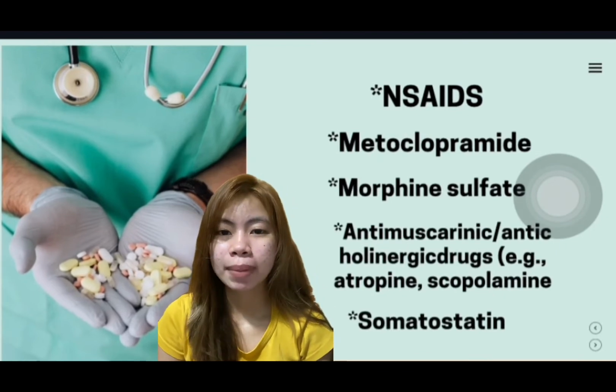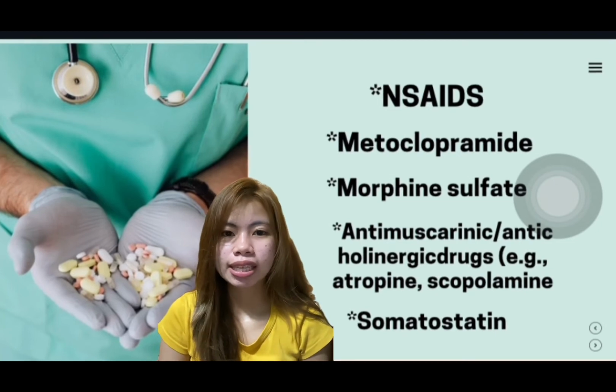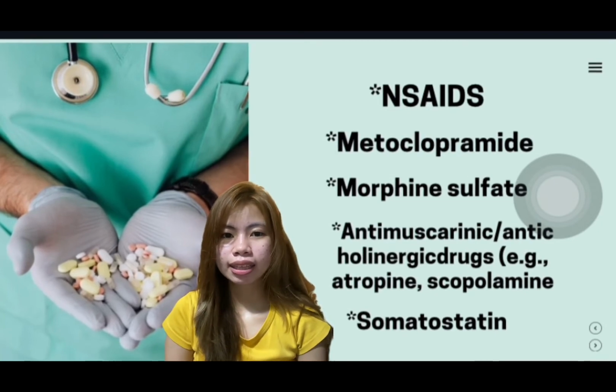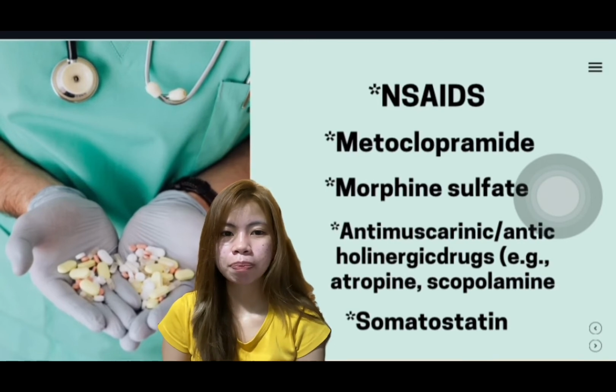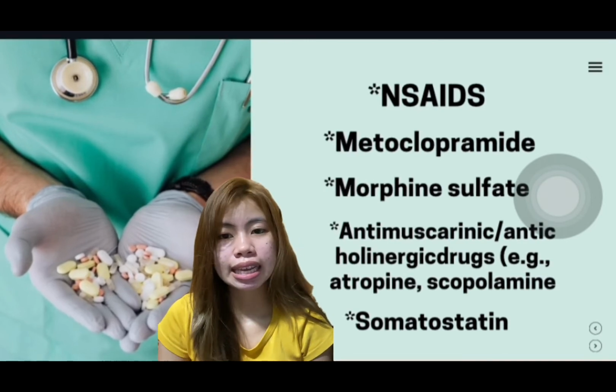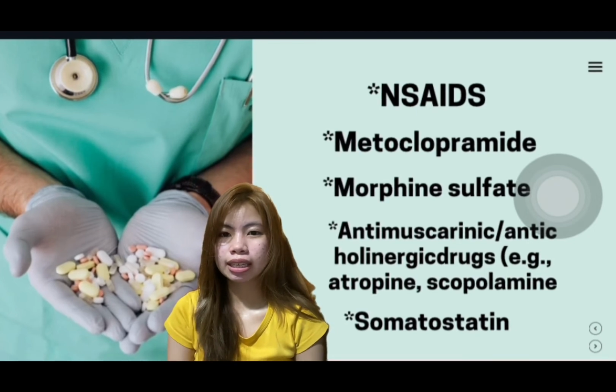And we have metoclopramide. Metoclopramide is the antiemetic and prokinetic drug of choice for symptomatic partial bowel obstruction. This medicine is available only with your doctor's prescription.